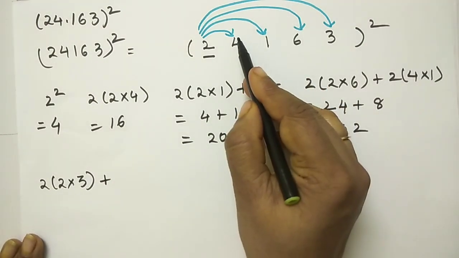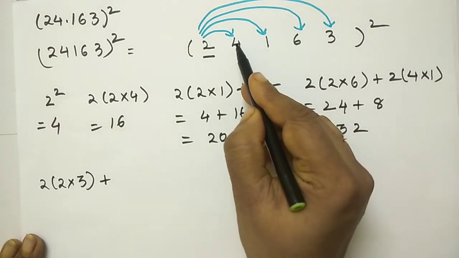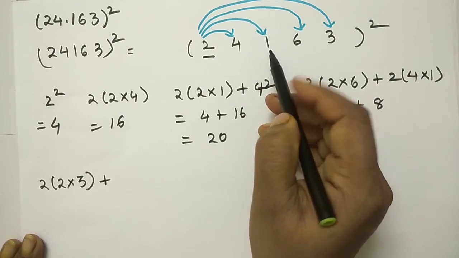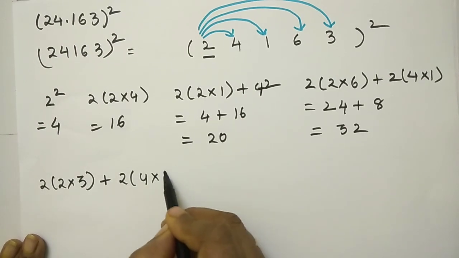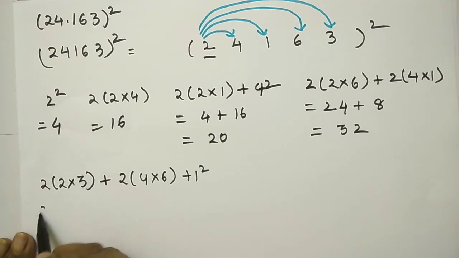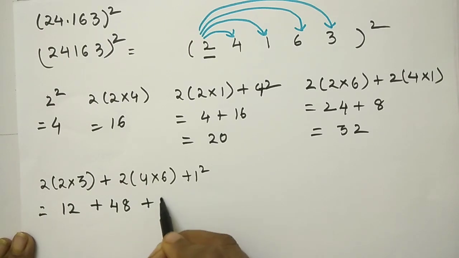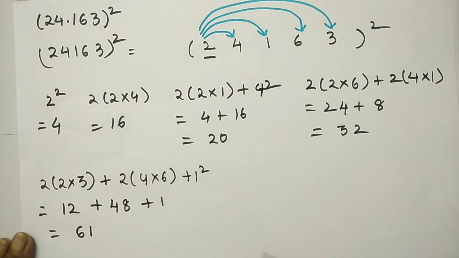So you have to multiply these 2 with 2 and in the middle, the square of the number. That is, the middle number is 1, and that square you have to write. So this will be 2 into 4 into 6 plus 1 square. This is equal to 12 plus 48 plus 1. This is nothing but 61.